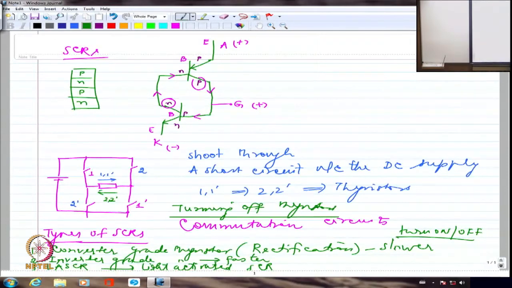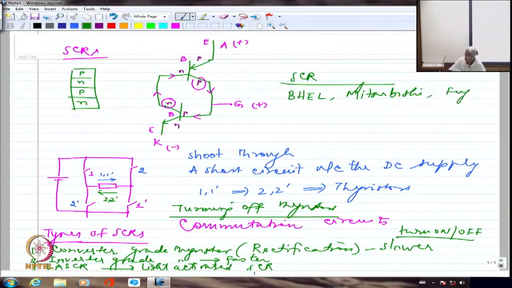So if you actually look at the ratings, SCR ratings that are available in the market are very, very large. In fact, there are some companies, our BHEL produces some SCRs, Mitsubishi, Fuji, Toshiba, Infineon Technologies, International Rectifiers in USA, all these produce SCRs.